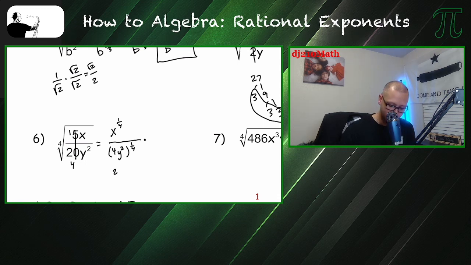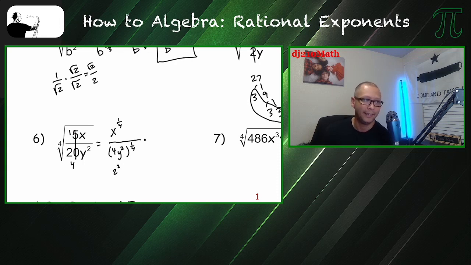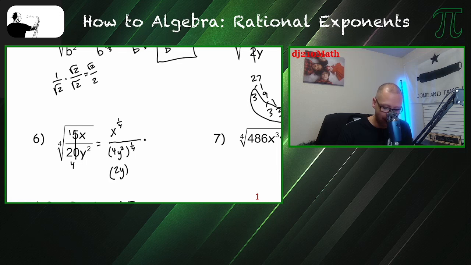Would you agree that 4 is really 2 squared? And since it's 2 squared times y squared, the square can, in a sense, be pulled out of the parentheses. And this would just be 2y squared to the 1/4 power.